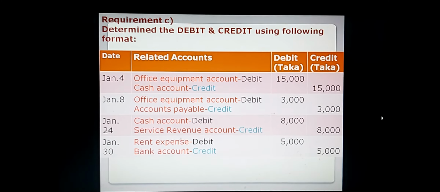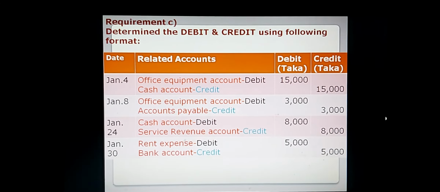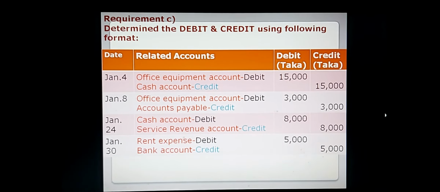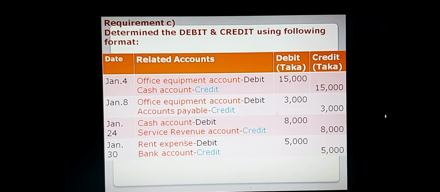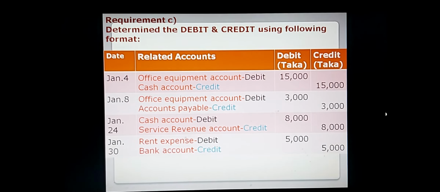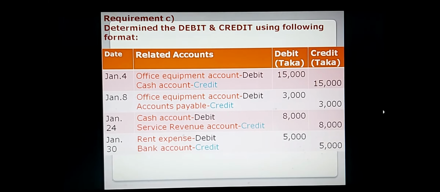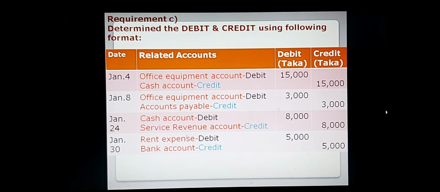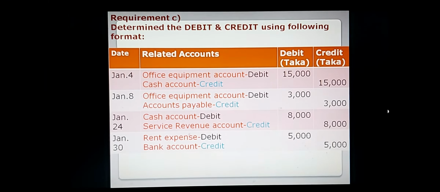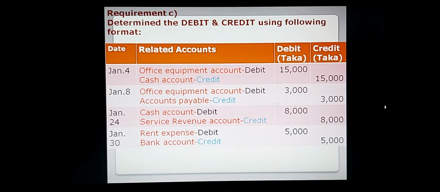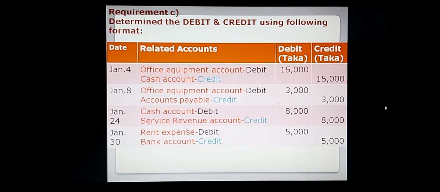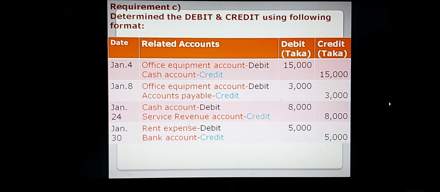This is the last transaction, January 30. Rent paid by check, or check paid for shop rent. Rent is a regular item of any business. Rent is one kind of expense. When expense increases, then the respective expense account is debit from the rules of determining debit and credit.